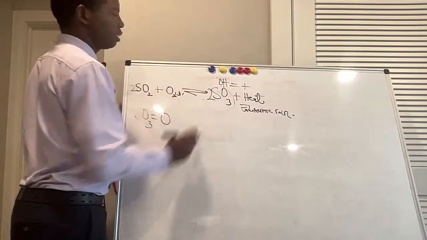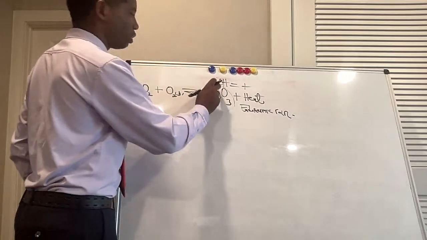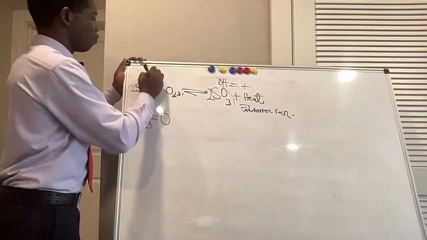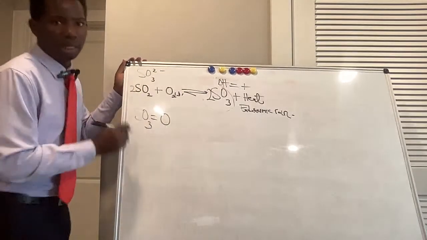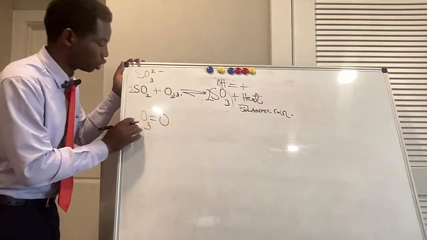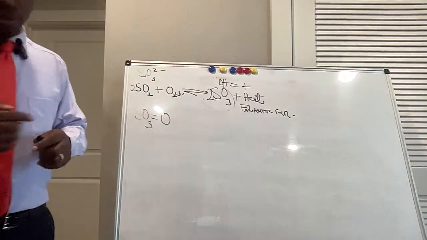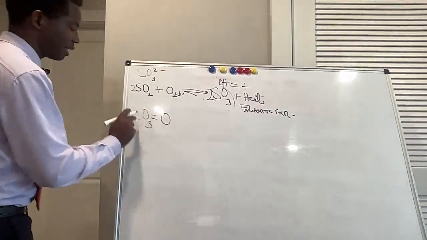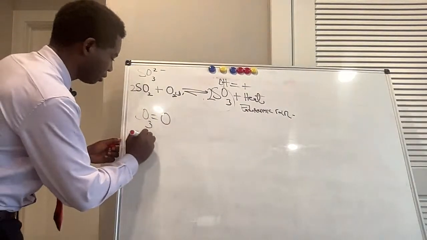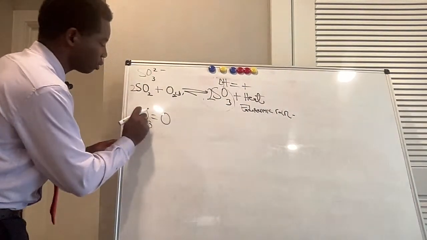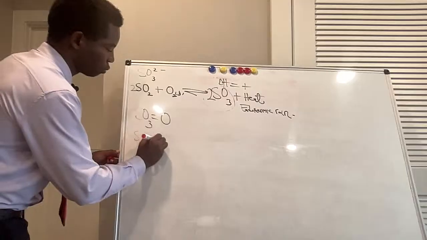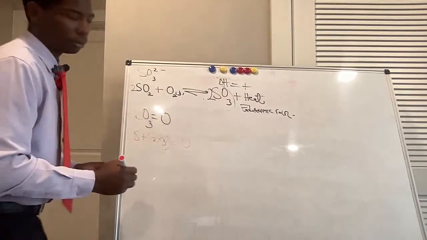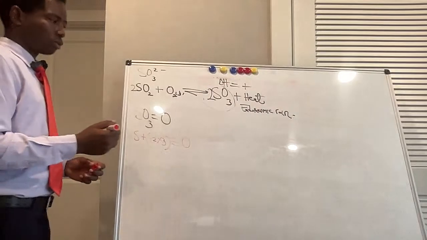Is this a charge? This compound is not charged. It's not a radical. It's not like SO3 minus 2. So any compound that is not charged is equal to 0. Let's proceed. Make S subject of the formula. So we have S plus, what is the oxidation number of oxygen? Minus 2, times 3, is equal to 0.